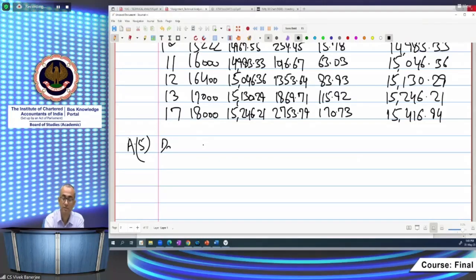Now, date closing is given and index value is also given. This is 1/10/07. Let us first note down the date closing dates. 3/10/07.